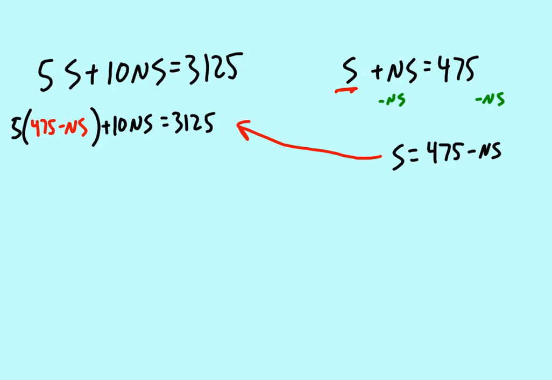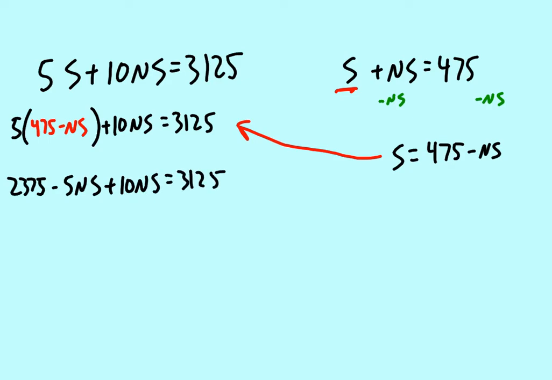Continuing right along, I got to do a little distribution, and what's that going to be? 2,500. I wish I was a little quicker in this. Let's go 2375. That sounds about right. 2375 minus 5ns plus 10ns equals 3125.